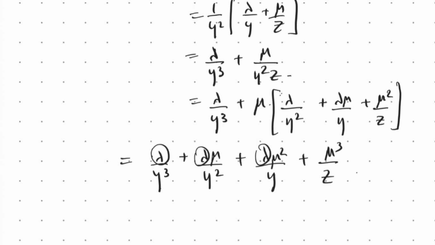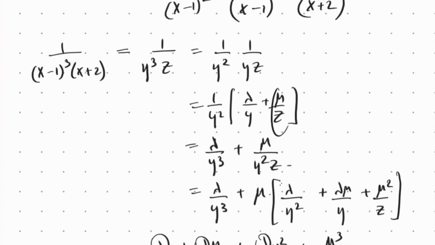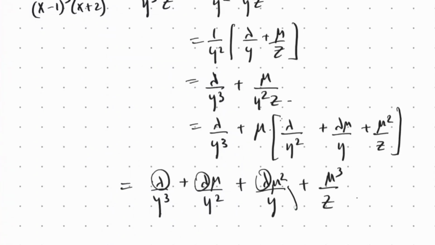The y cube has lambda, y squared has lambda and the mu, mu being the constant that we had over z in our 1 over yz form. Then the other one has a mu cube, and the one that only involves the z does not have any lambda in it. It has the mu cube.